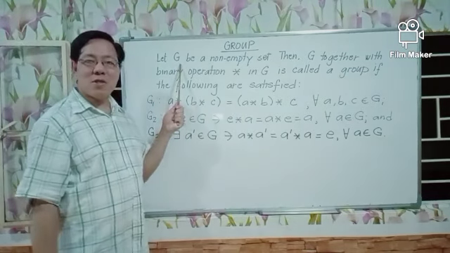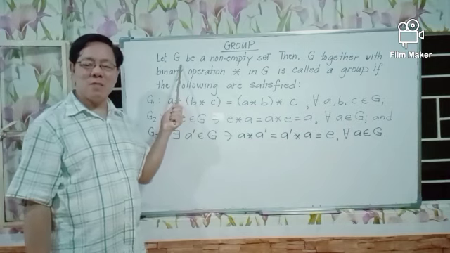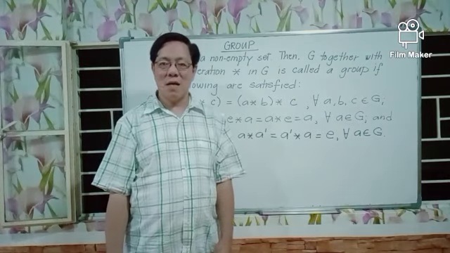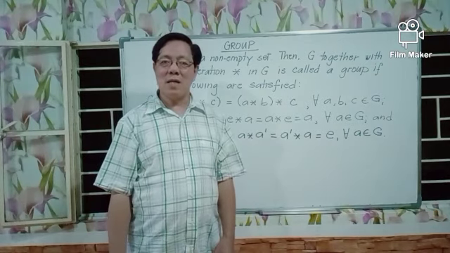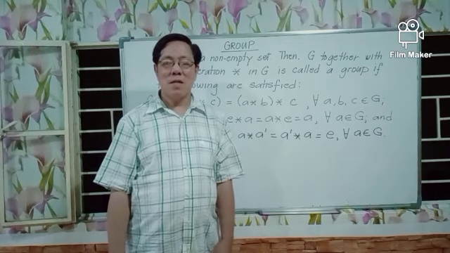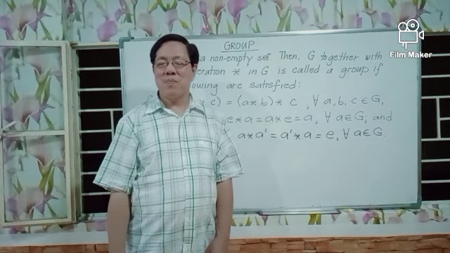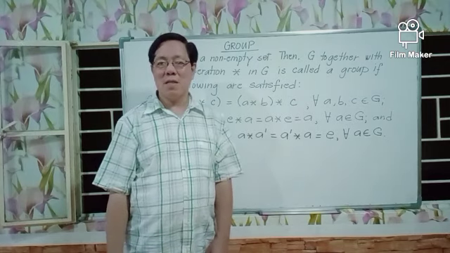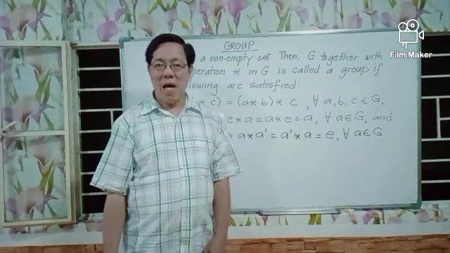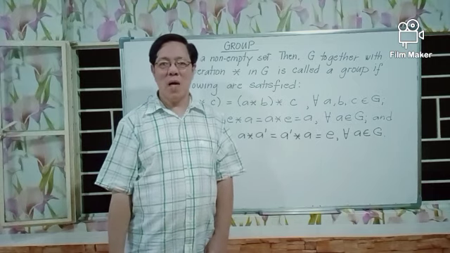In this definition, the non-empty set is denoted by capital letter G. And when we say a set is non-empty set, there is at least one element on the non-empty set G. And that means we cannot define or describe a group on an empty set or a null set, that is a set with no elements.